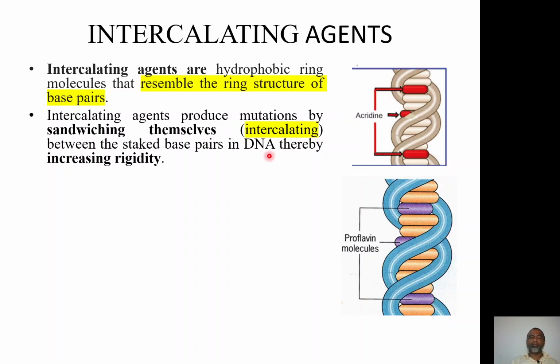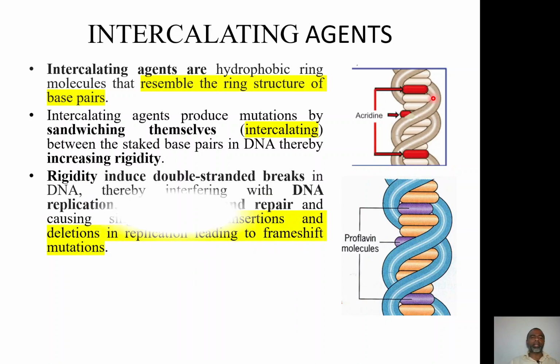This chemical will increase the rigidity of the DNA, and once the rigidity is there, it will lead to a break in the DNA, and once there is a break in DNA, normal replication, normal transcription, normal repair of the DNA will not take place.